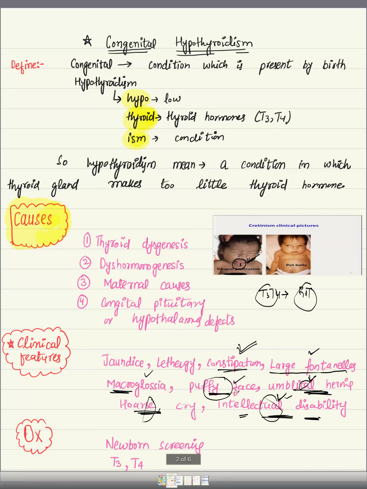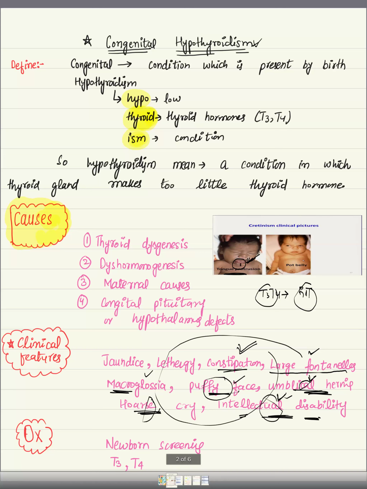If, let's suppose, the neurons are dead, you cannot recover those neurons. So just remember, if they ask you what is the most common preventable cause of intellectual disability, it can be congenital hypothyroidism. So you just have to remember this important point. All these are the clinical symptoms you will see in case of hypothyroidism.